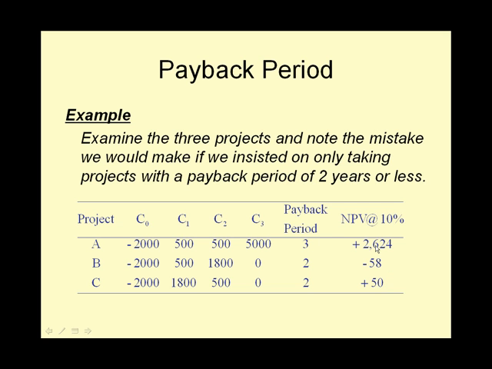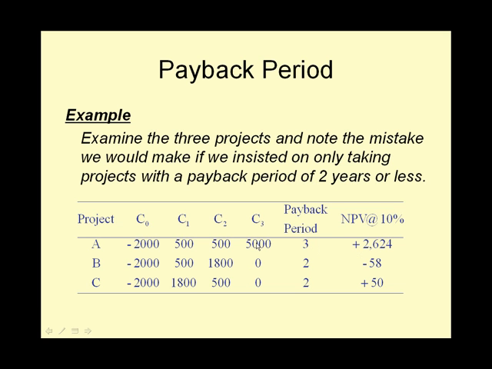Now, we get a wacky ranking using the payback period criterion because, first of all, that criterion ignores most of these positive cash flows that occur after a 2-year payback period cutoff.